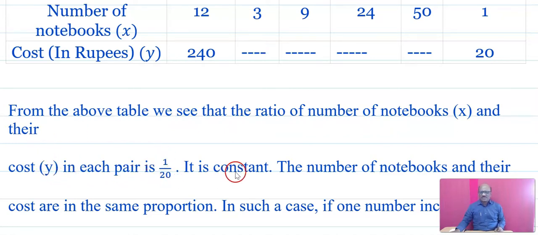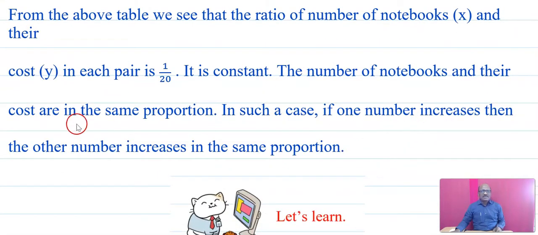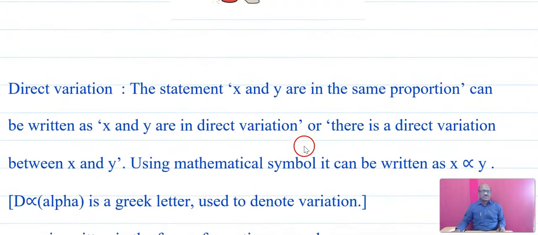It is a constant. The number of notebooks and their cost are in the same proportion. In such a case, if one number increases, then the other number increases in the same proportion.